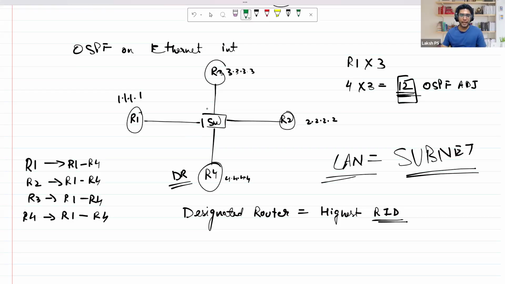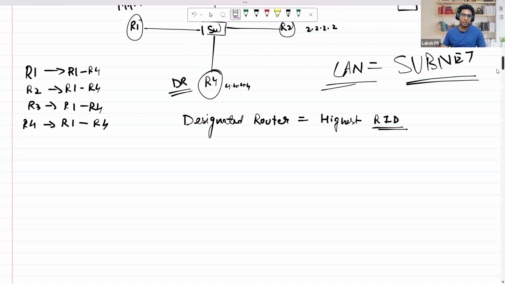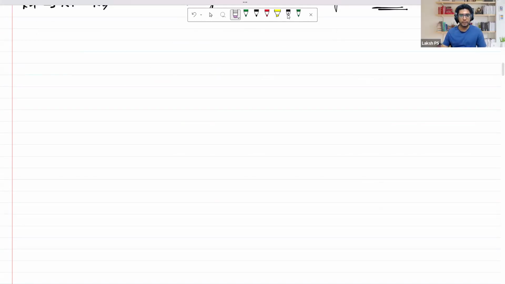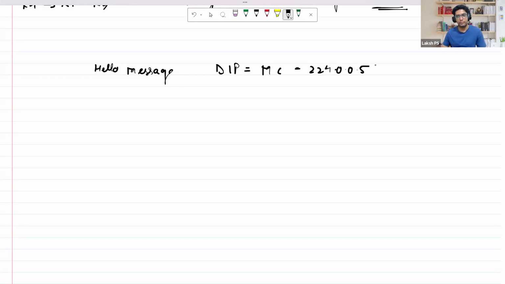R4 is going to form adjacency with R1, and with R3. Any update in the network will be sent to R4. Now you may ask, how is that possible? If you remember when we discussed hello messages, the hello message was sent to a destination IP, which is the multicast IP address 224.0.0.5.